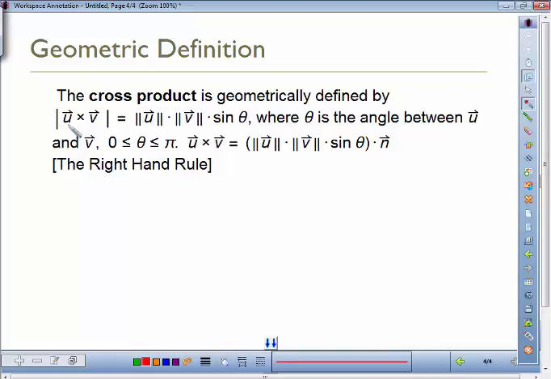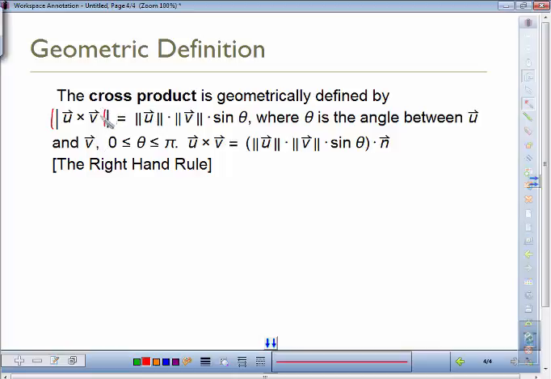I don't know why I only have single bars here and double bars on the others. Should be consistent. Let's put another bar there. But you're flexible enough now, right? If you see a single bar or double bar, it still means magnitude. And it could work for vectors or scalars, because for scalars, the magnitude is just the absolute value.